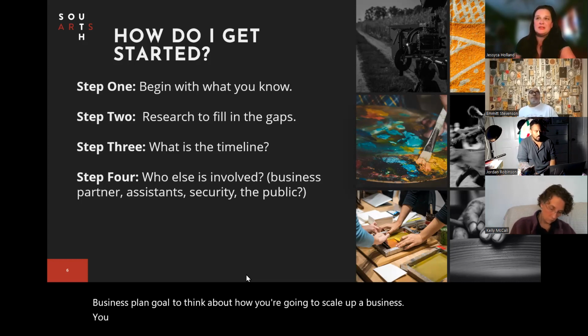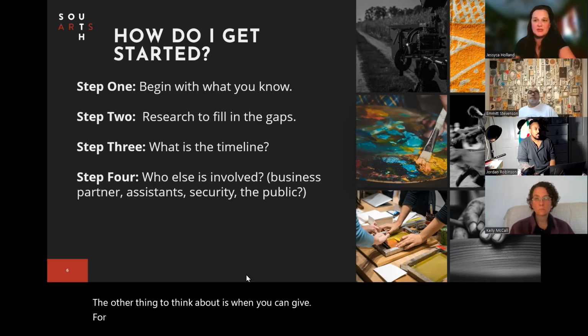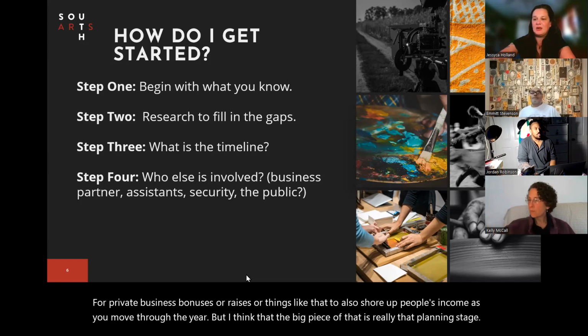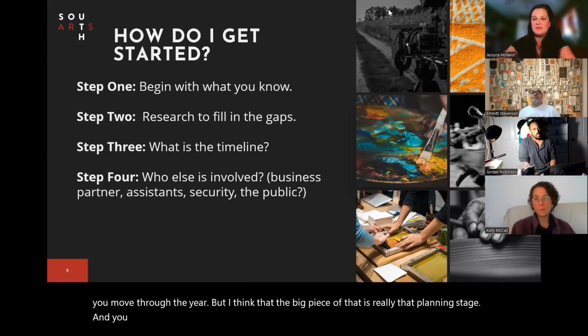The other thing to think about is, when you can give, for a private business, bonuses or raises or things like that to also shore up people's income as you move through the year. But I think the big piece of that is really that planning stage. And it requires some flexibility in the very beginning.